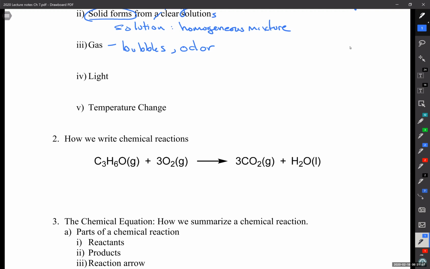You could also have light. I don't think I have to tell you how you know light is formed in a reaction, but a light stick, like a glow stick, right? That's an example of a chemical reaction that you can tell is going on because of light. And temperature change. How do you know something has a temperature change?